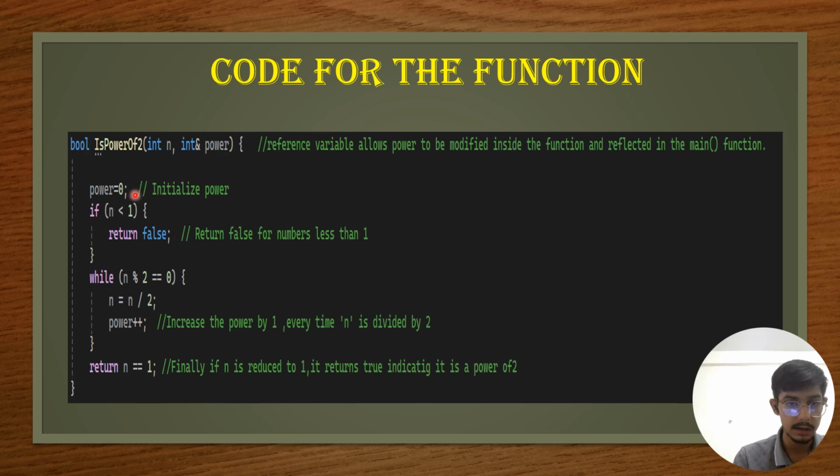We have initialized power equal to 0, applied the first condition using an if statement, where n less than 1 returns false, and then we apply a while loop: if n is divisible by 2, replace n with n by 2 and increase power by 1 until n reduces to 1. If n reduces to 1, it returns true indicating it is a power of 2. Otherwise, it returns false.